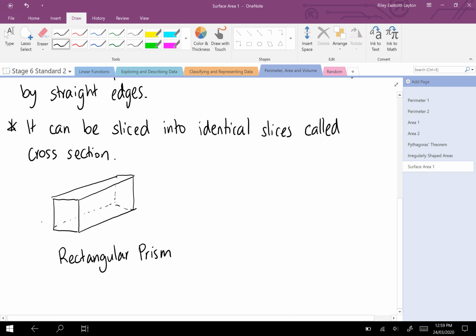Now we don't stop there, we can also have triangular prisms. This one's going to test me out. So far so good. So this is a triangular prism.